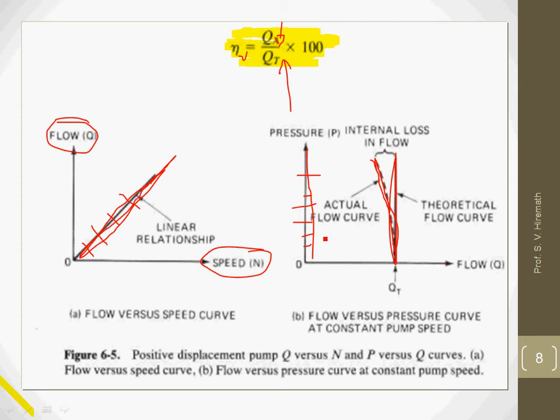That means by increasing the pressure, there will be a reduction in the flow rate. That means it is going to reduce from Qt to this Qa, right? So whatever gap we have between this line and this line is going to give me the losses. Those are nothing but the internal losses which we have in the case of pumps.